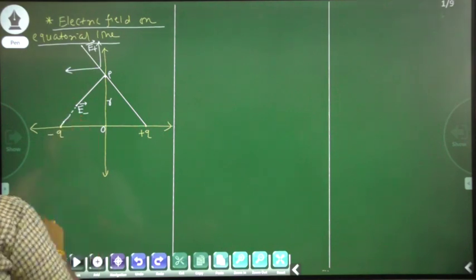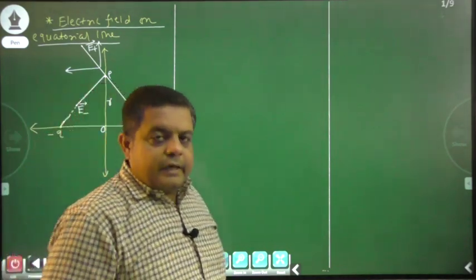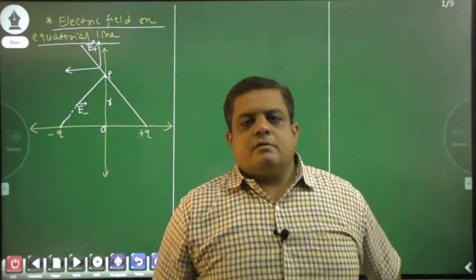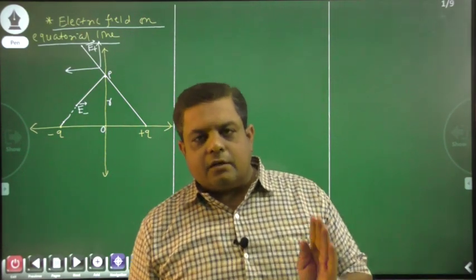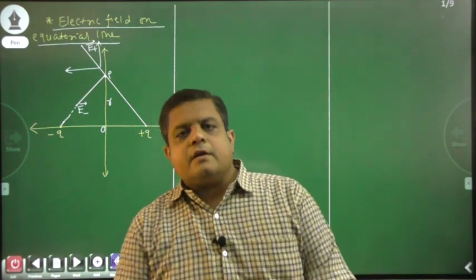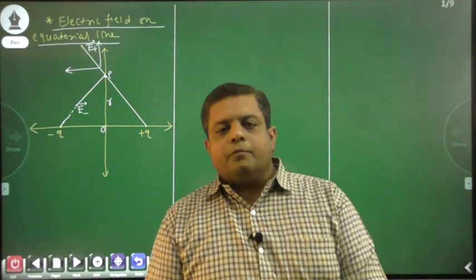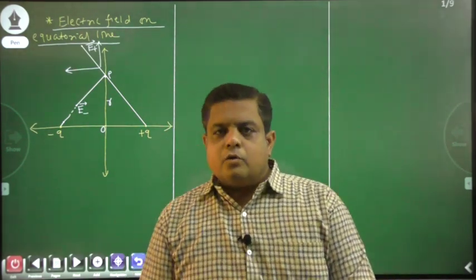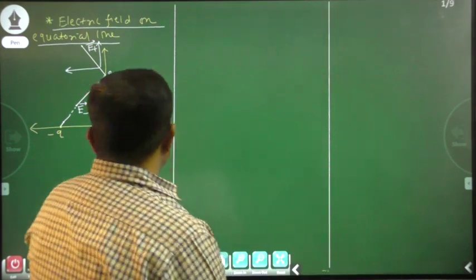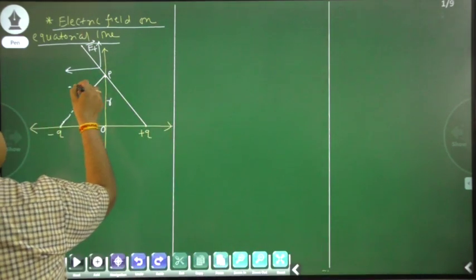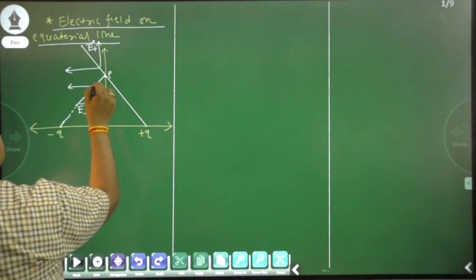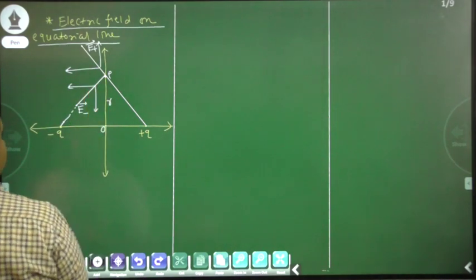Similarly, the electric field of the negative charge is in the third quadrant. Whenever a vector is in the third quadrant and we divide it into components, you will find both the vertical and horizontal components are in the negative direction. So it is like this.